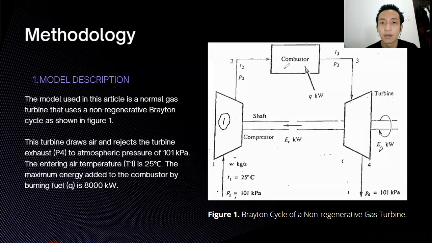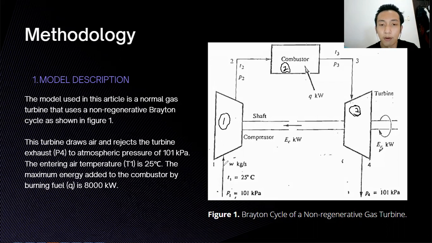And then the second one is the combustor. The third one is the turbine, and the work from the turbine is then transferred to our main power target, while some of the turbine output is transferred through a shaft to the compressor to drive it.